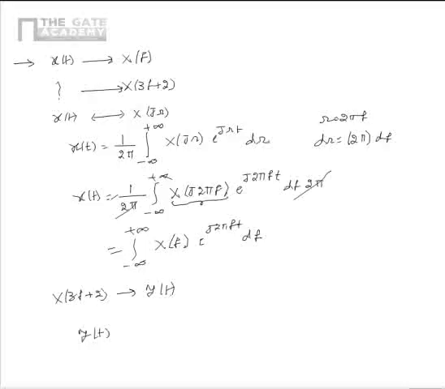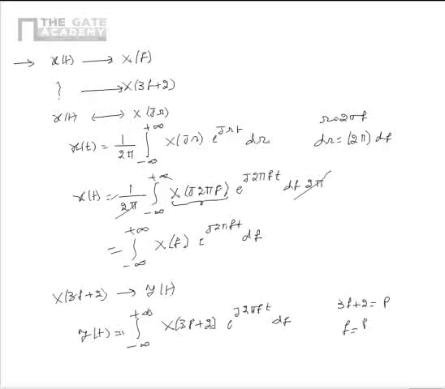From this we can write that y of t is equal to integral minus infinity to plus infinity X of 3f plus 2 multiplied by e power j 2 pi f t df. Substitute 3f plus 2 is equal to p.